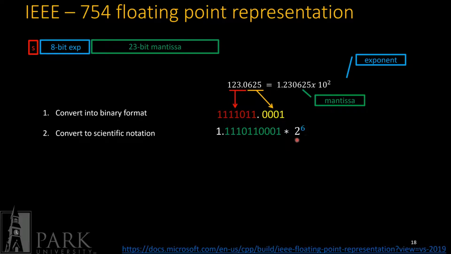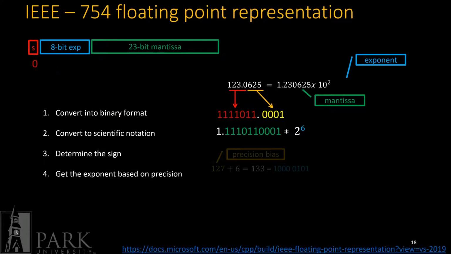Once we do that, we can determine the sign. Okay, well, we're obviously working with a positive number, so we'll go ahead and set our sign bit to 0. If it was 1, it would be negative. Next, we need to get the exponent based on its precision. Okay, since we're converting to a float, we need to bias our exponent with 127. Now, because remember, we can't store negative numbers in memory.